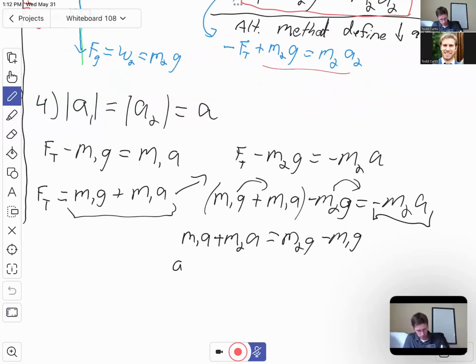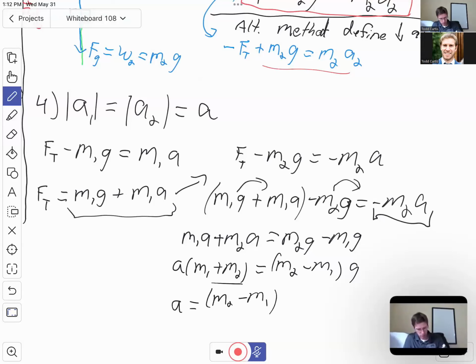So this becomes A times M1 plus M2. And that equals, I'm going to factor out the G just for fun, M2 minus M1 times G. Then I divide by this term. And so you get A equals M2 minus M1 times G, divided by M1 plus M2.